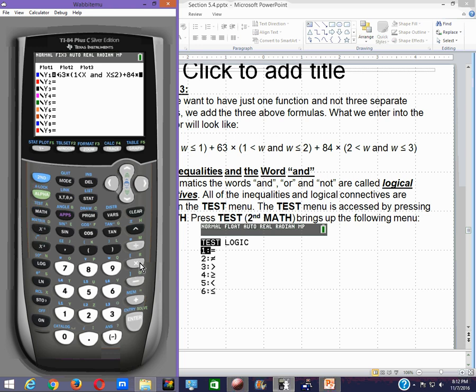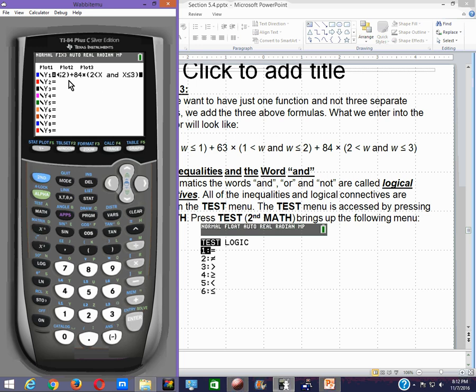Again you don't need to say times, you can just do the open parenthesis: 2, second test, less than x, second test, logic, just press enter since it's on hand, x, second test, less than or equal to, choice 6, 3, close.